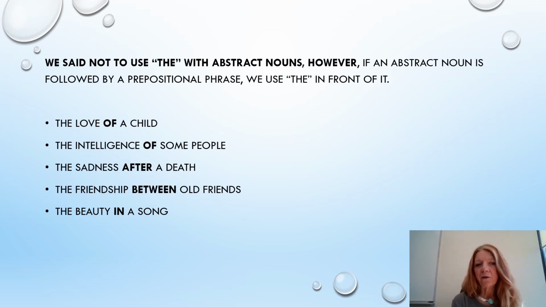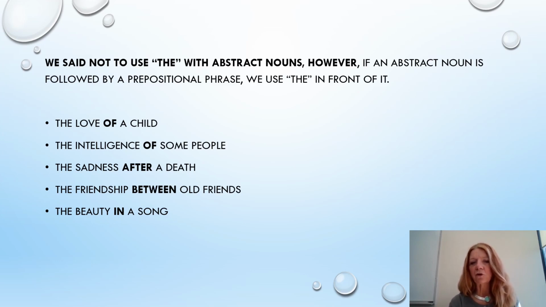We might consider this an exception to the rule because we said not to use the with abstract nouns. However, if an abstract noun is followed by a prepositional phrase, we do use the in front of the abstract noun. And in these examples below, I've bolded the beginning of the prepositional phrase, so you'll see of a child, of some people, after a death, between old friends, and in a song.